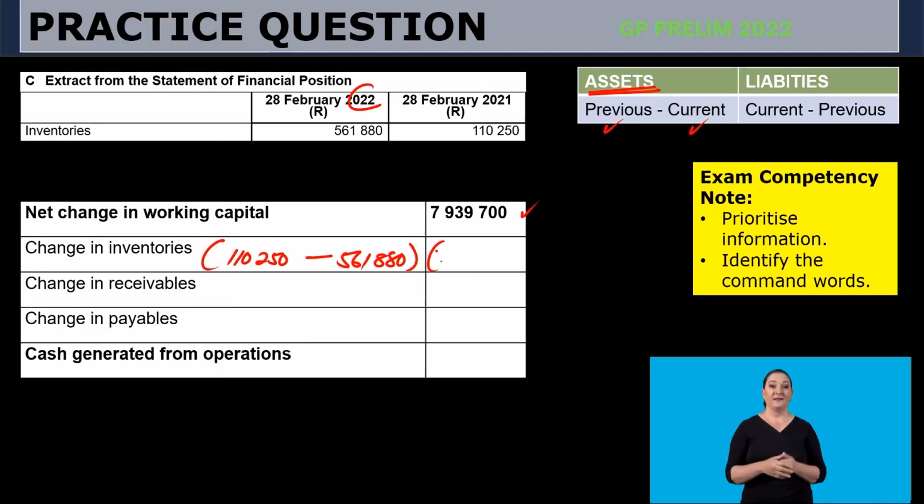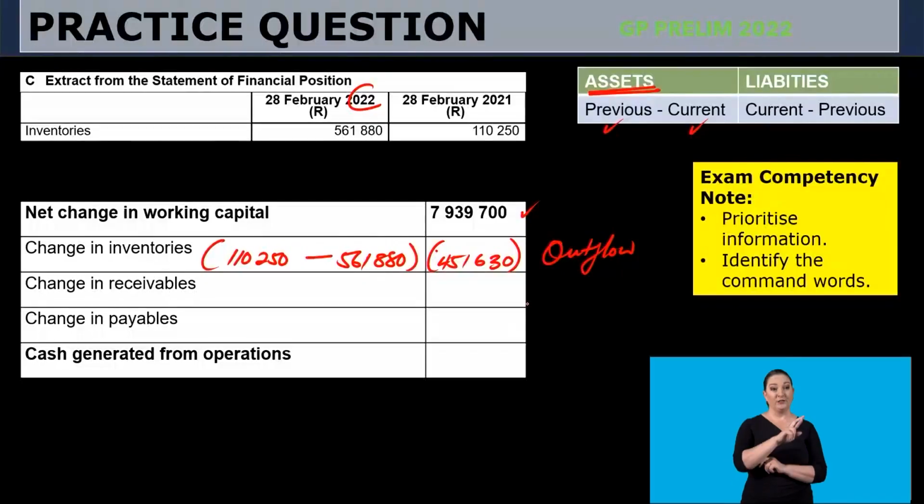So I'm coming here, it's a negative 451,630. Once it is negative, it is telling me that it is a cash outflow. Very, very important that you get to understand: when your inventory increases, it is a cash outflow. A decrease in inventory is a cash inflow.